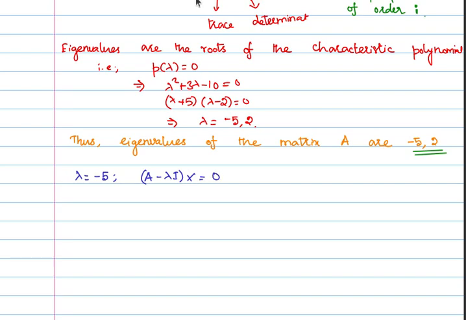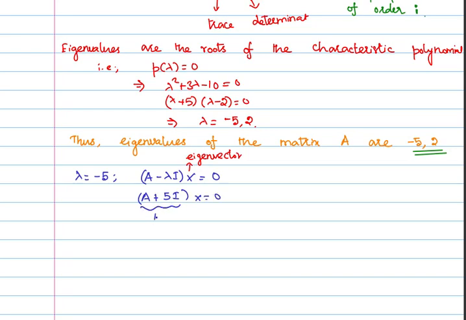So for lambda equal to -5, this implies A plus 5I times x equal to 0.